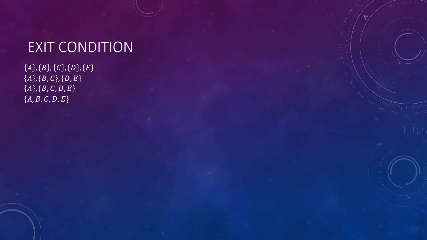And from the exit conditions we talked about before, let's just go through some examples just to show you what different exit condition results would look like. So if we were to go through 3 iterations, 1, 2, 3. So this is iteration 1, iteration 2, iteration 3. So we'd end up with A, B, C, D, E. If we went with 1 iteration, then we'd end up with A, B, C, D, E, this one right here.